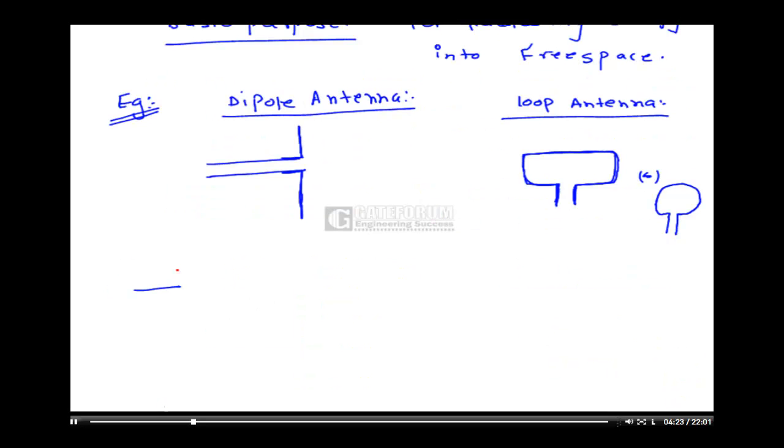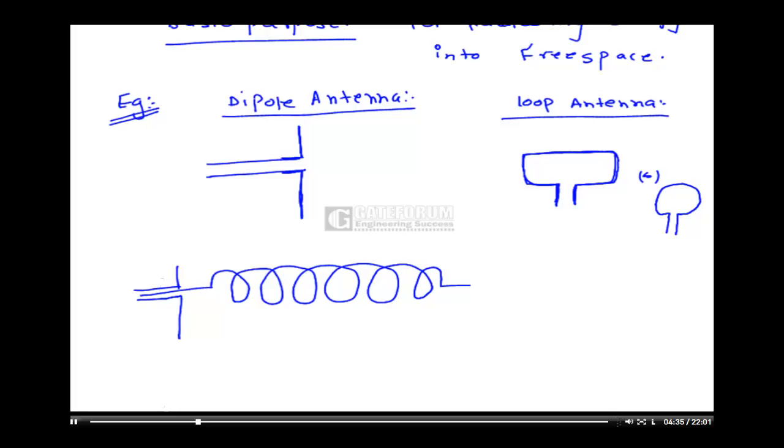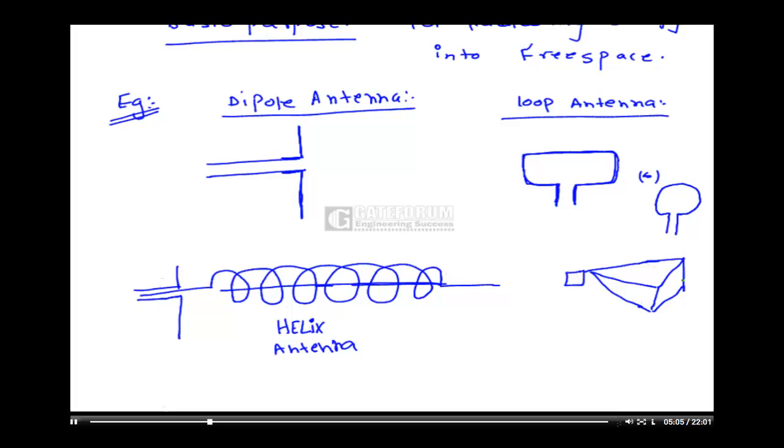Another antenna of this kind, in this shape, is called a helix antenna. Another antenna like this is a pyramidal horn.